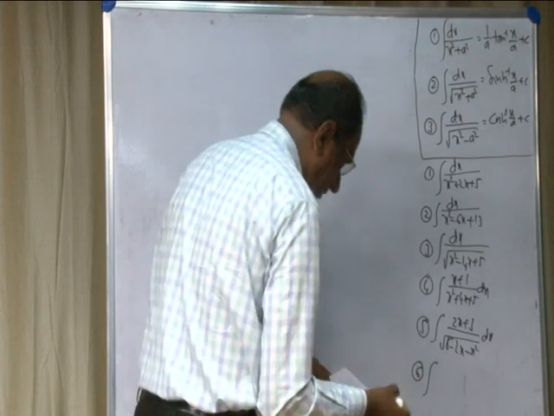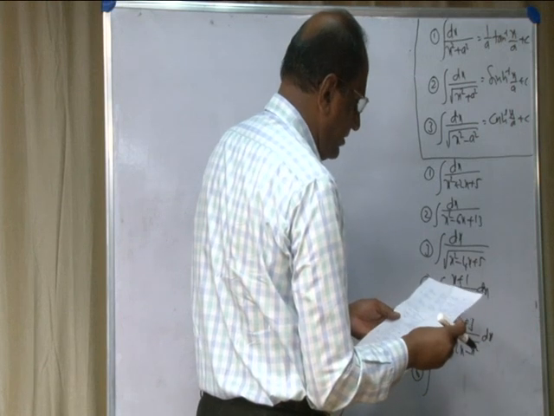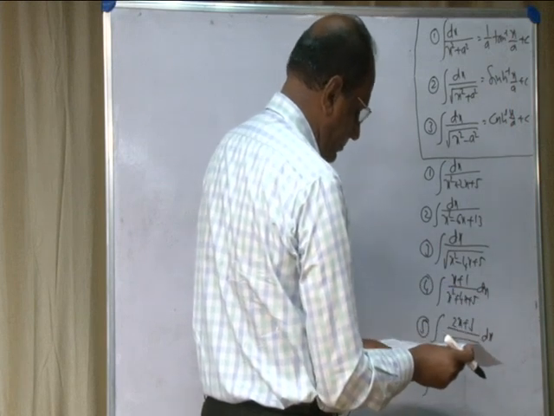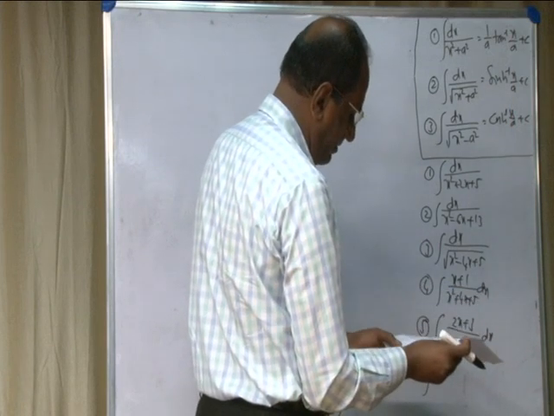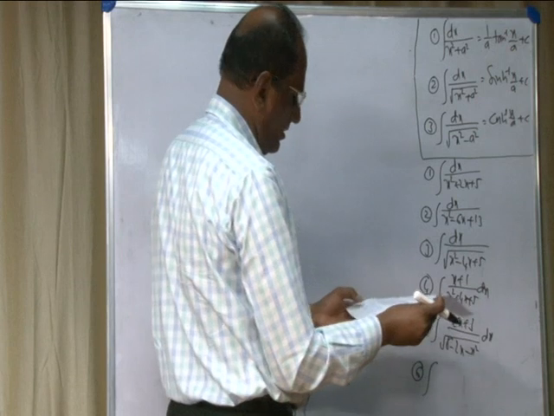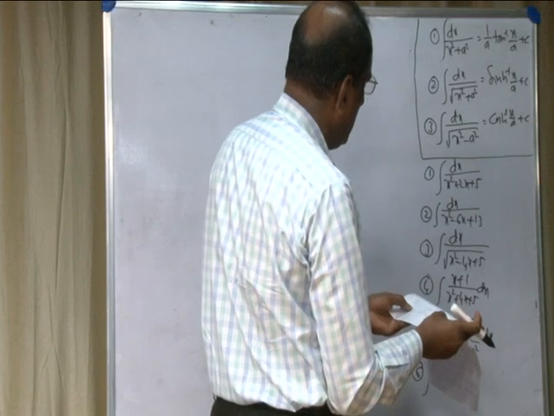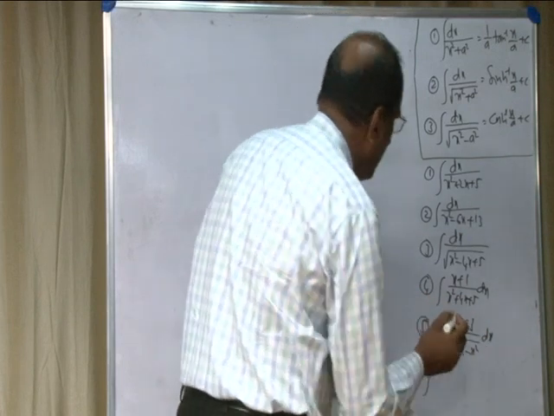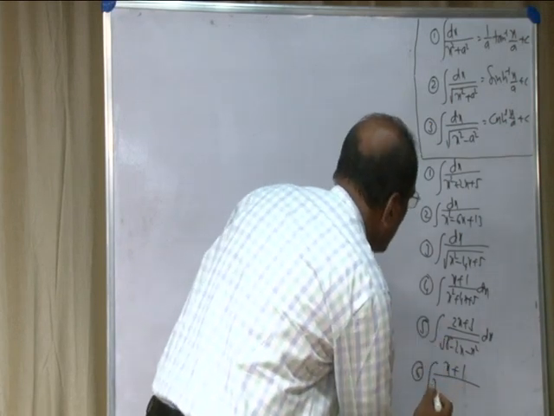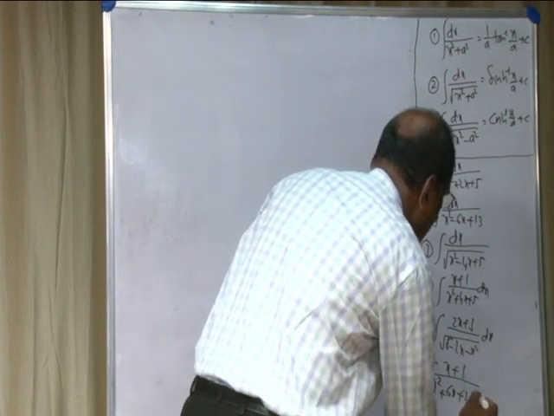Sixth problem, 2x plus 3 over 8 minus 2x. One more problem is there, x plus 1 divided by x square plus 6x plus 25 dx.